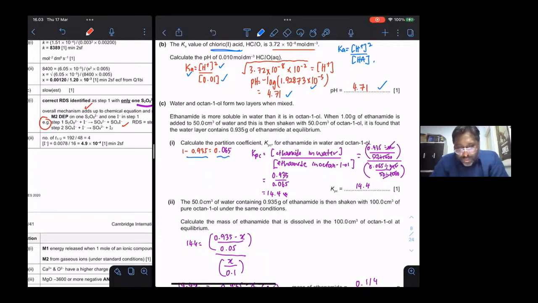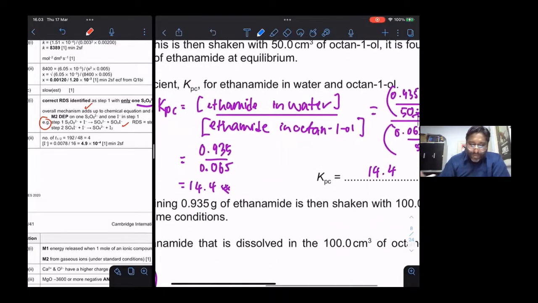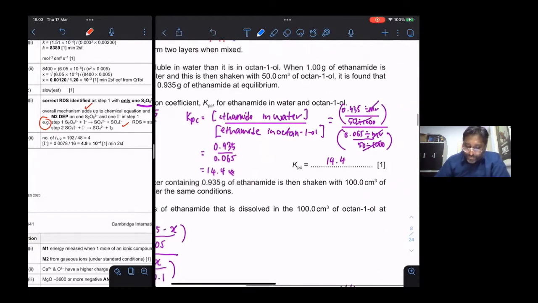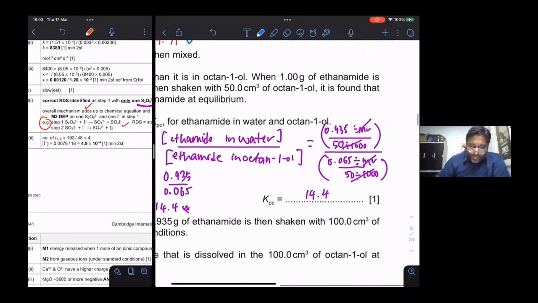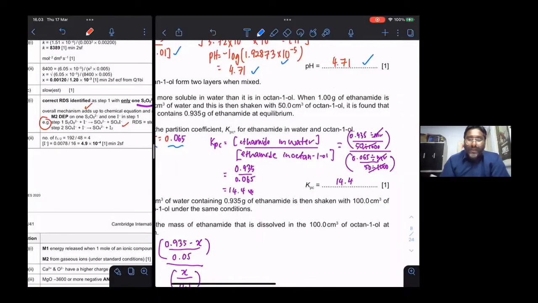If I want to find out what the partition coefficient is, you need to define it. I defined it as concentration of ethanamide in water divided by concentration of ethanamide in octan-1-ol. This is counted from the gram, so you need to change into mole, and then find it in terms of concentration.